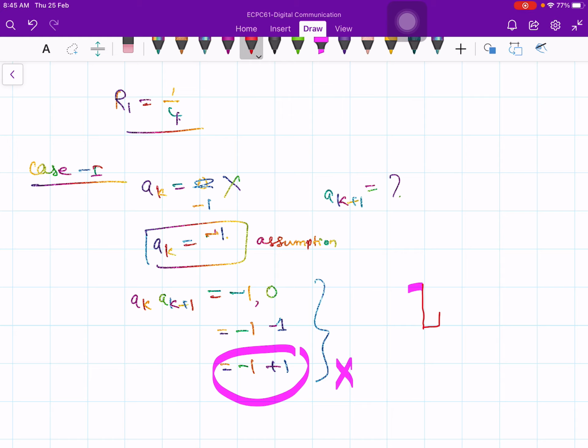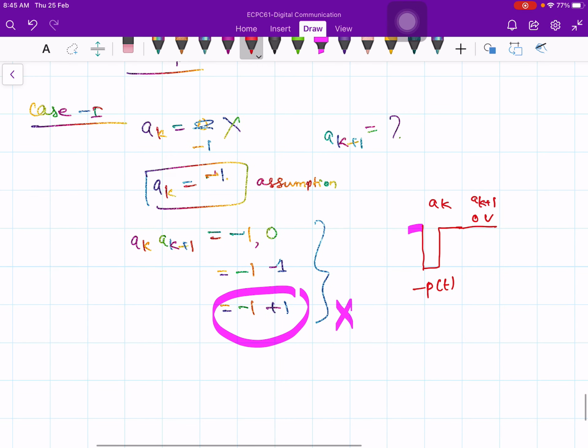Current digit is encoded by negative pulse minus p of t. This is my AK. AK plus 1 can be a 0. This is one possibility. So the current digit is 1 and the next digit is 0.